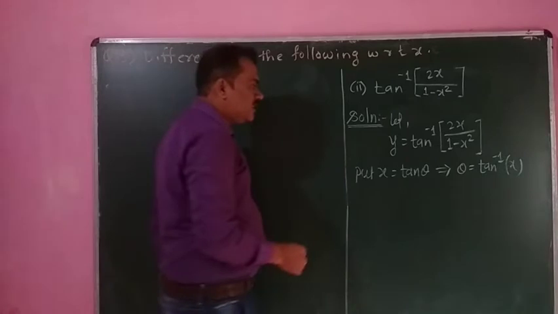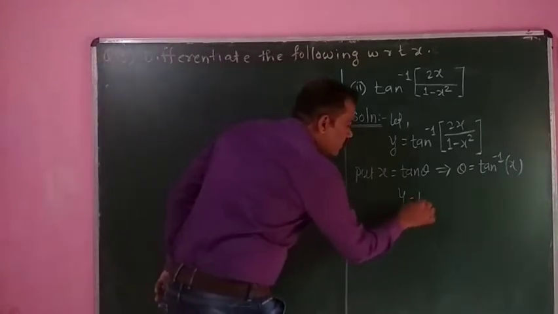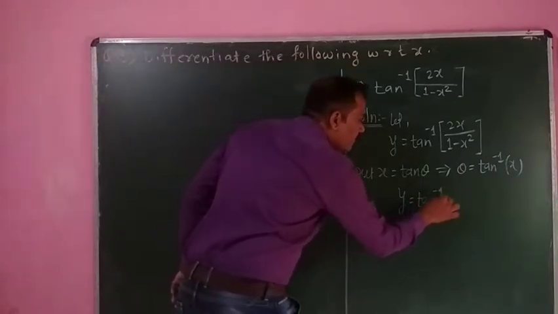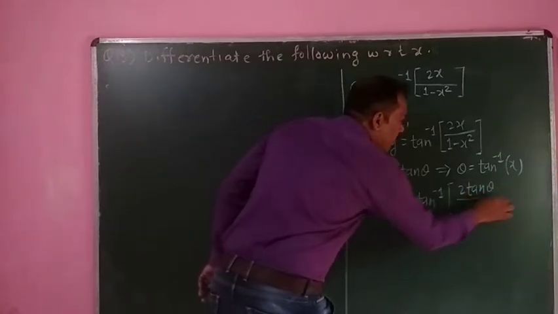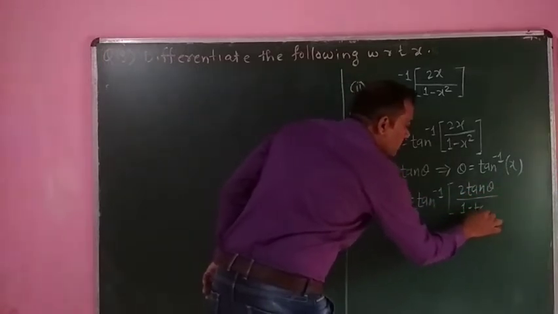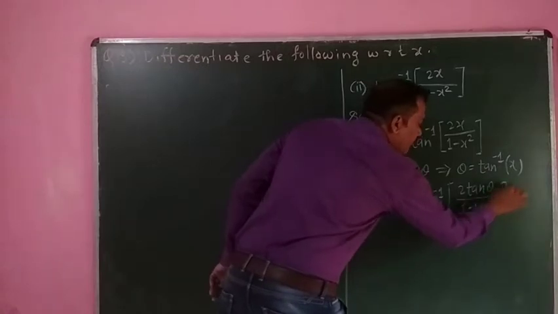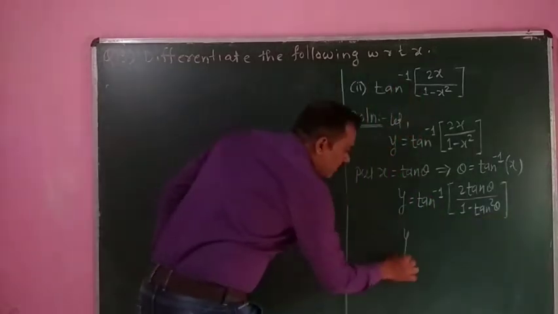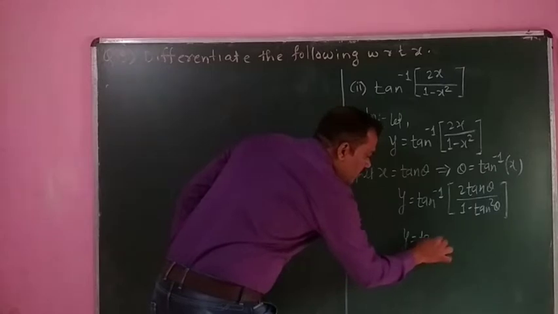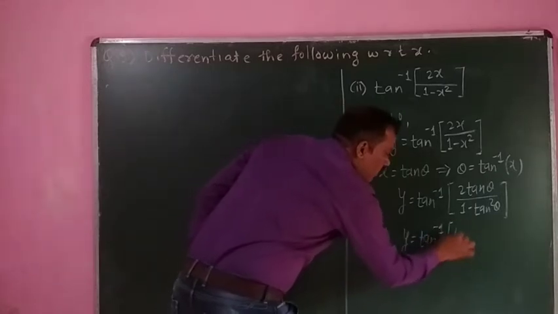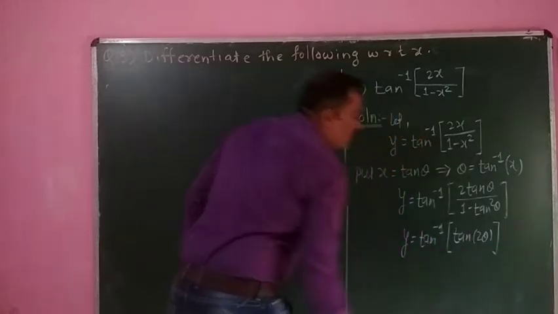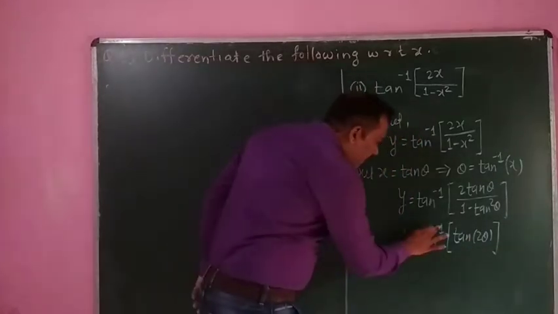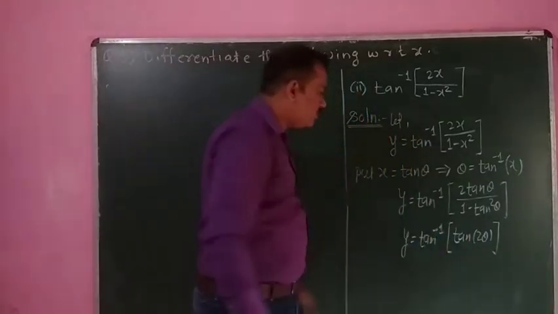By substituting x is equal to tan theta, we get y is equal to tan inverse of 2 times tan theta divided by 1 minus tan square theta. This is nothing but y is equal to tan inverse of tan of 2 theta.